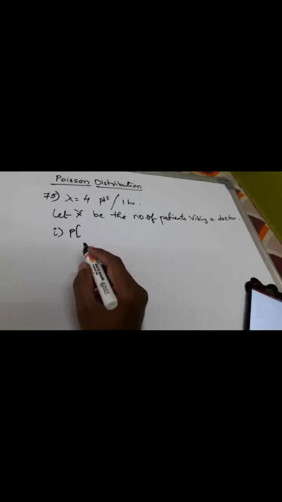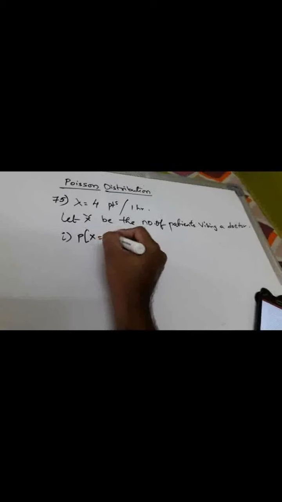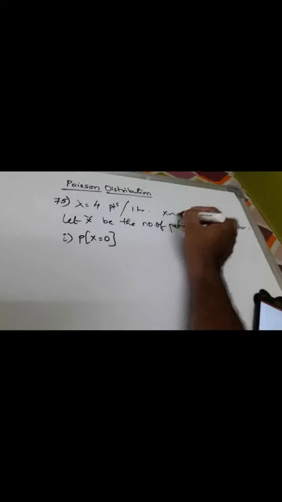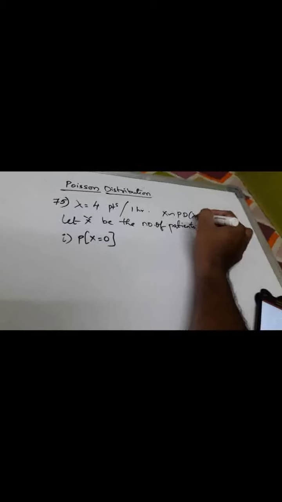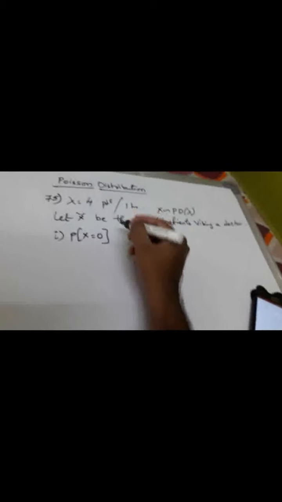So question number 1, what is there? Probability that the doctor is free. That means x equals 0. Here x follows Poisson distribution. Question number 1, P of x equals 0.